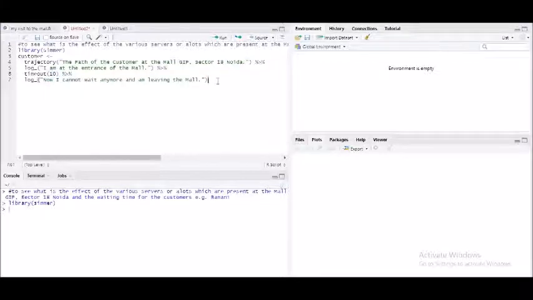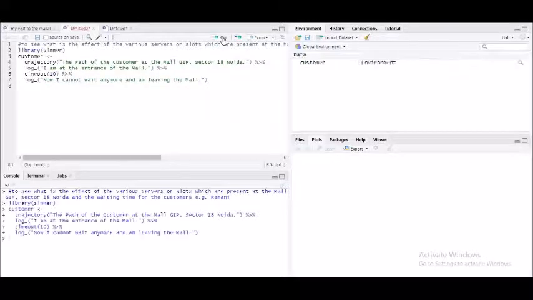Right now I was discussing the customer, and the customer is fine. However, there is another thing, which I will call mall, and let me create this one.